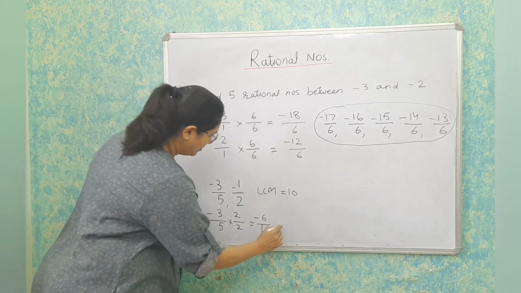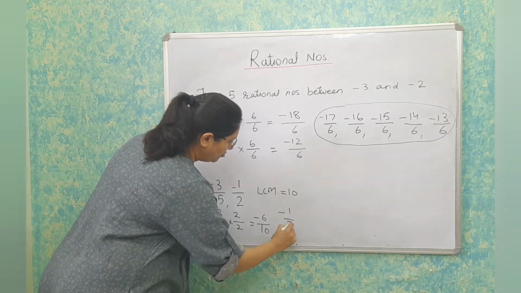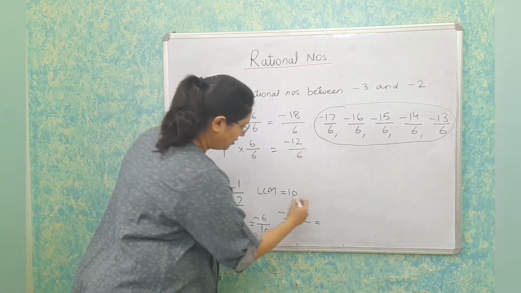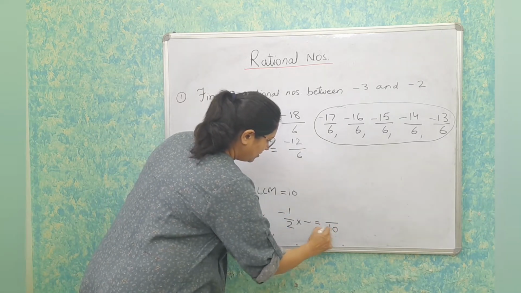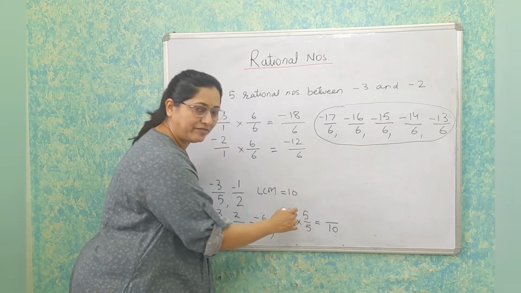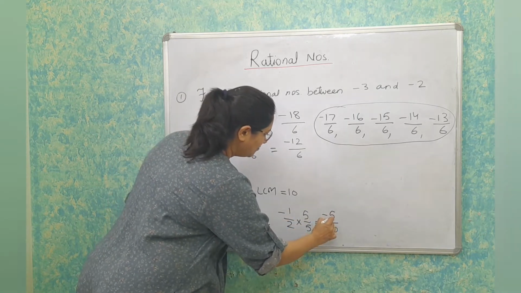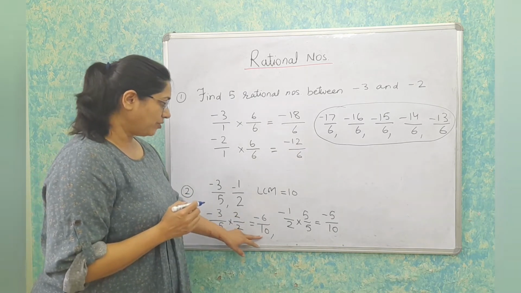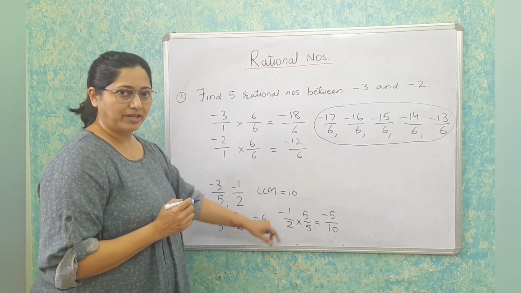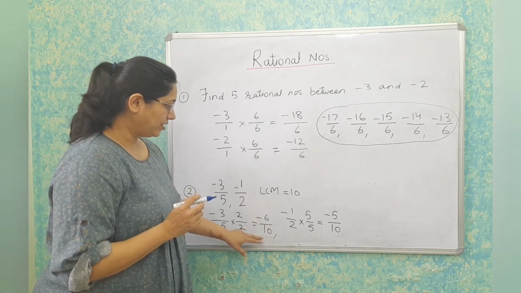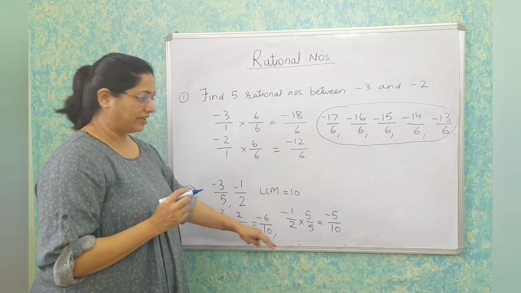Second number, -1 upon 2. Again I will multiply 2 with a number to make it 10. 2 5s are 10. So -1 will also get multiplied with 5 and this is -5. So now I am having two numbers -6 upon 10 and -5 upon 10.